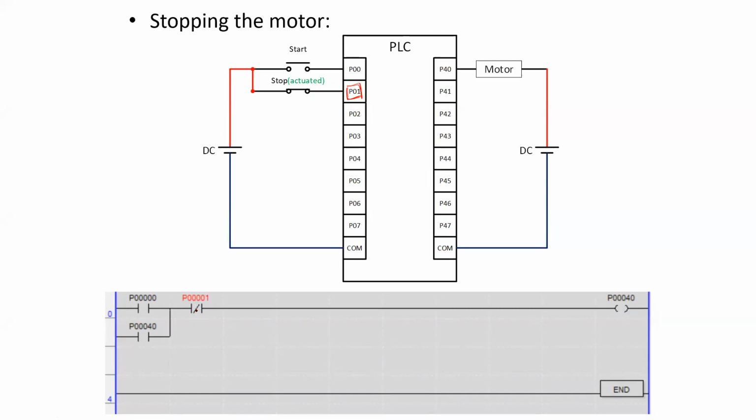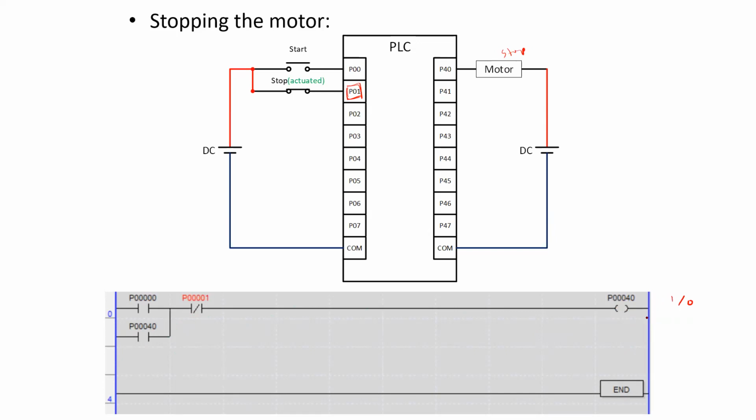You can see that the blue rectangle which was indicating the closed state is removed now. As it is removed, it disrupts the continuous path towards the output coil, and the output coil will be de-energized, or the bit will have a transition from 1 to 0. So the motor will again stop running.